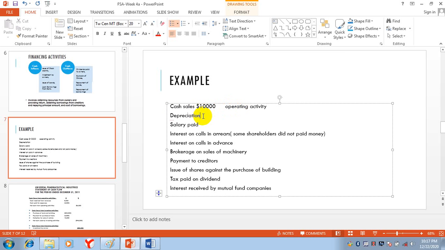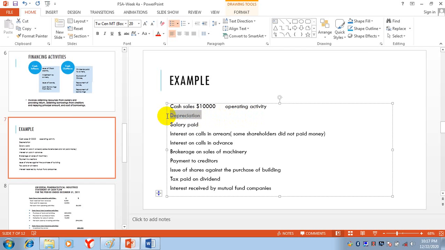Okay. Depreciation. Keep in mind, for depreciation we are not making any payment. We are just deducting this amount because the value of the building comes down. If you are not paying something, that will not come in the cash flow statement.